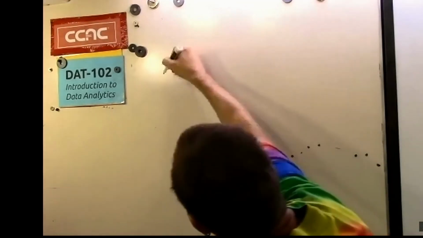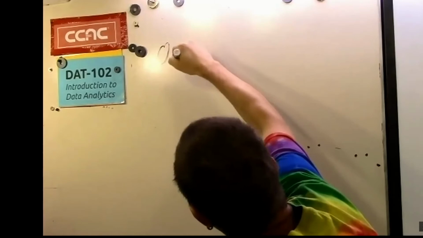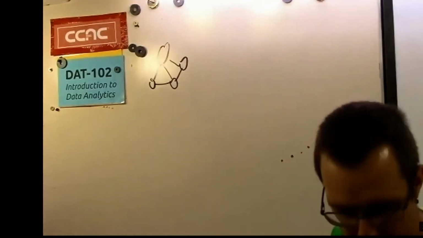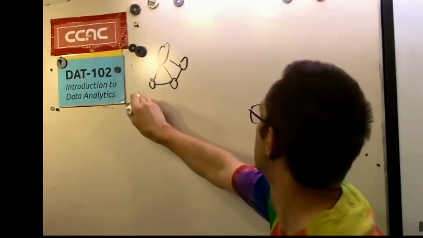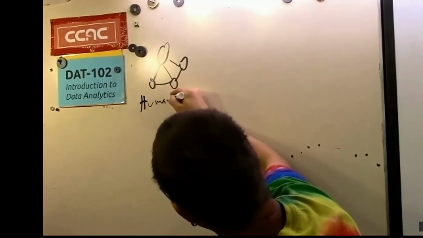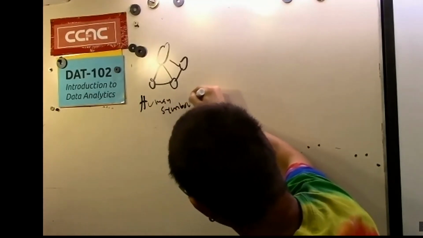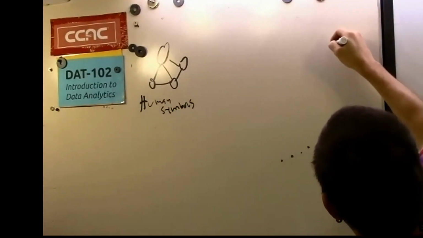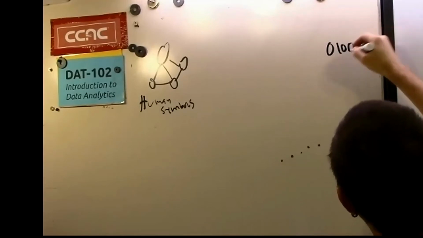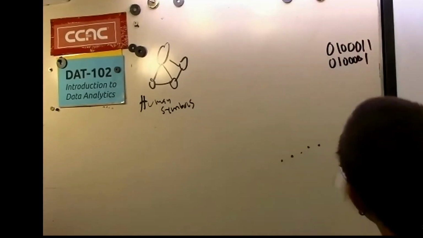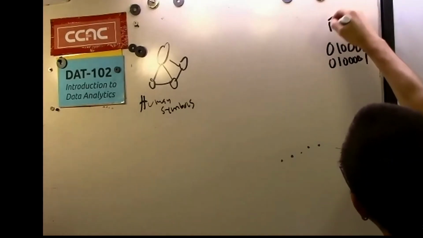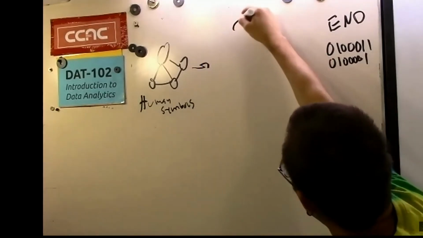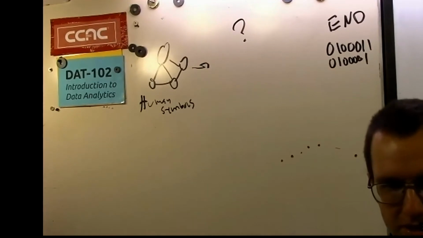So at a high level, these are human symbols, and we need to make it over to zeros and ones, because that's what gets stored. That's the only thing computers can deal with. So we need to end here. And so the question becomes, what kind of representation can get us there?